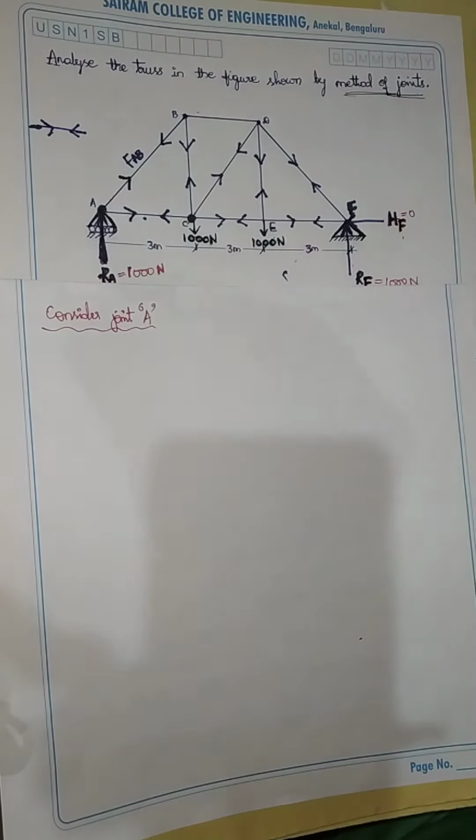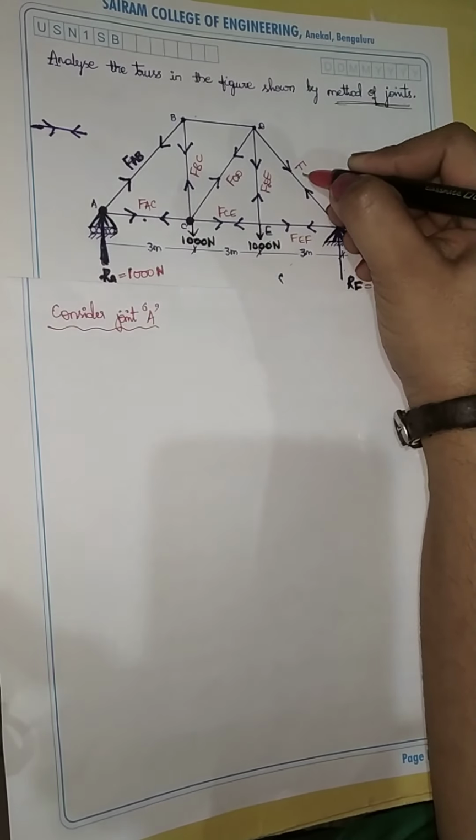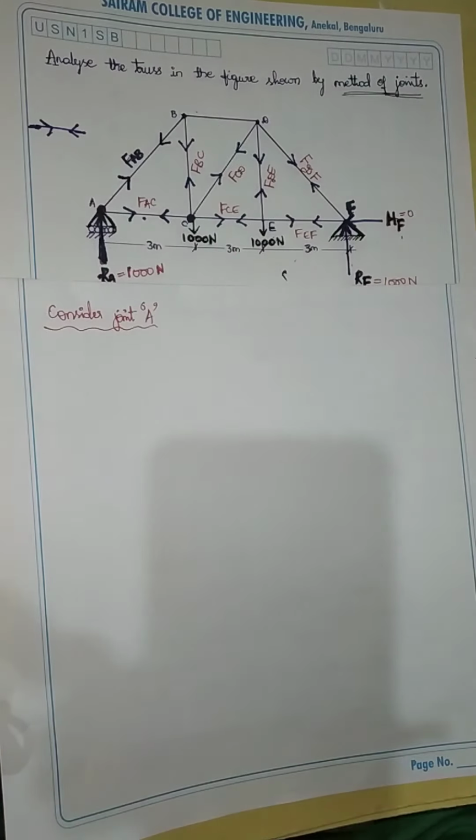Here point E is there, here point F is there, so I'm giving force EF, DF, and one more here, between point B and D. You can name the member BD, that is force FBD.